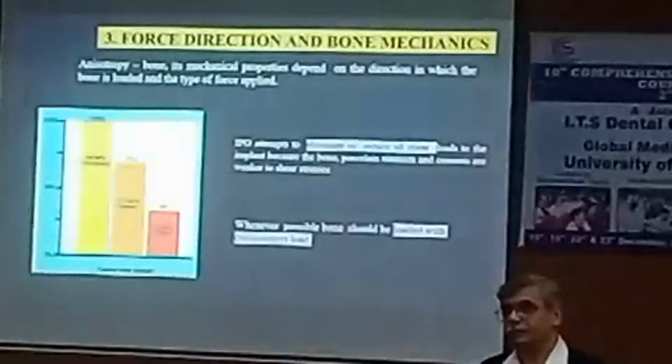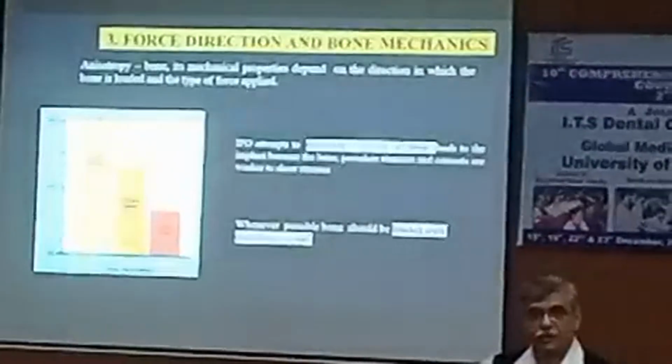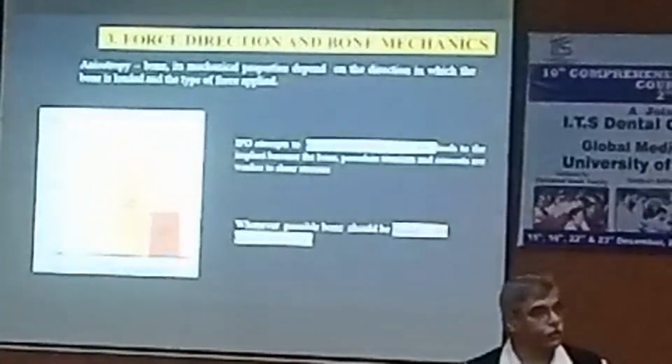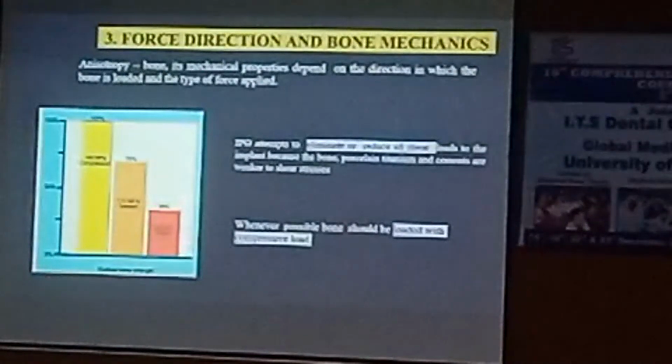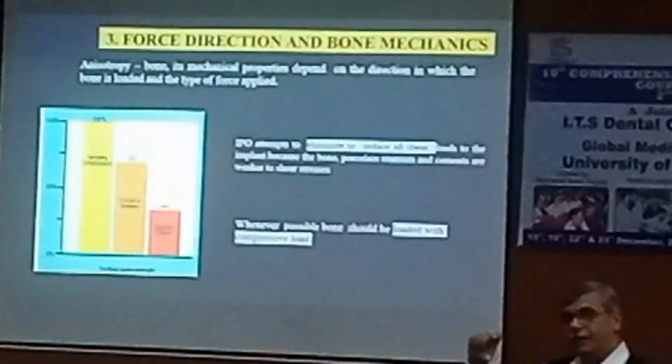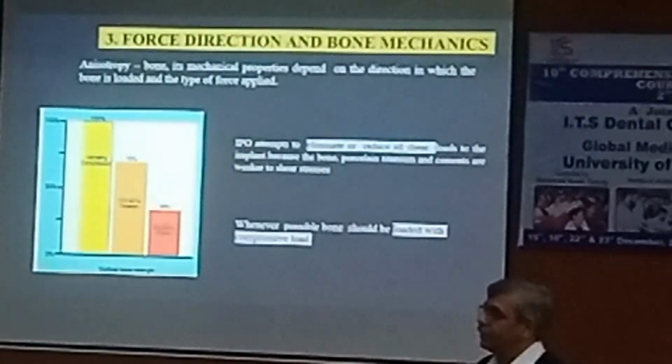All of you are sitting on a seat, and the seat is perpendicular to your body weight. And that is why you are comfortable. Can you sit on an inclined plane for such a long time? No. Correct? So trabeculae are designed, evolved by nature in such a way that wherever the force comes, they will be perpendicular. And that's how the bone achieves its compressive strength.